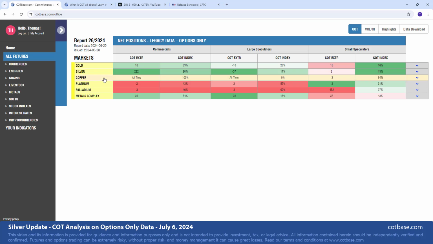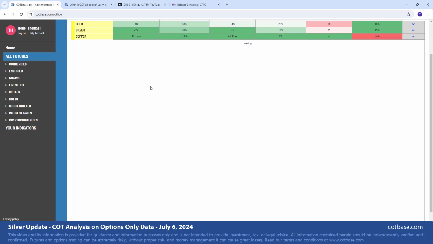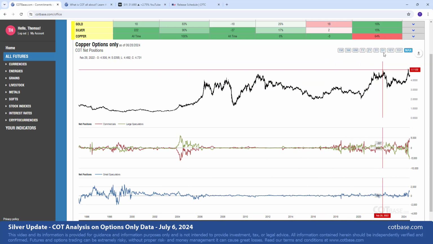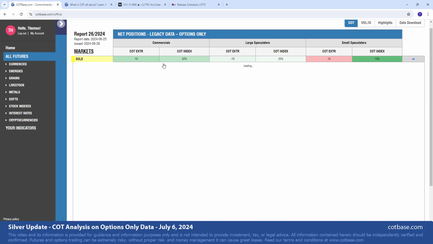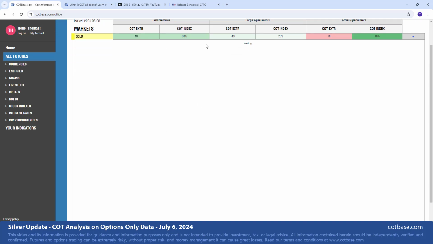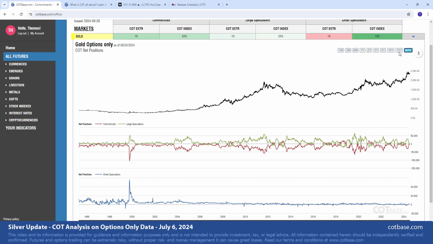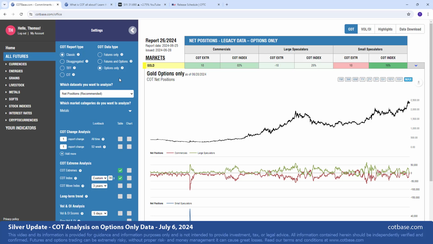So copper is at an all-time extreme when it comes to options only data. I'll show you copper as well in just a moment. It's a little bit different, you can see, but we are getting significant readings from copper as well. Gold, not as big of an extreme, not 90% COT index, but 83, still pretty strong, I would say. So yeah, that's the options only data analyzed.